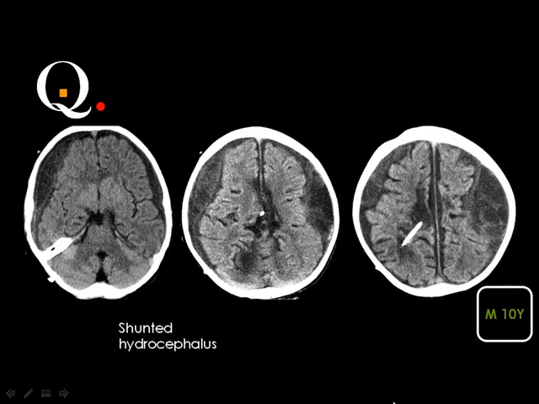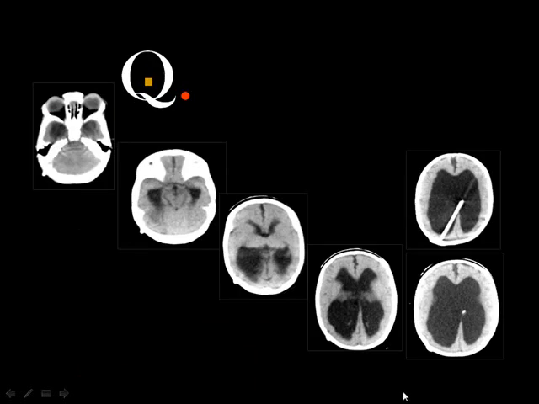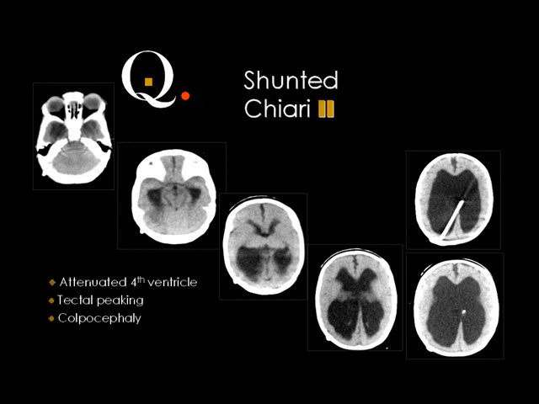Okay. Bilateral chronic subdural hematoma complicating the shunt tube. Okay, Chiari-2 malformation with shunt.